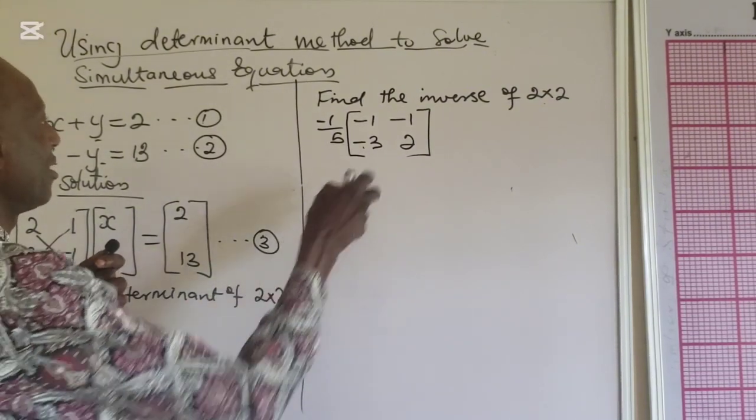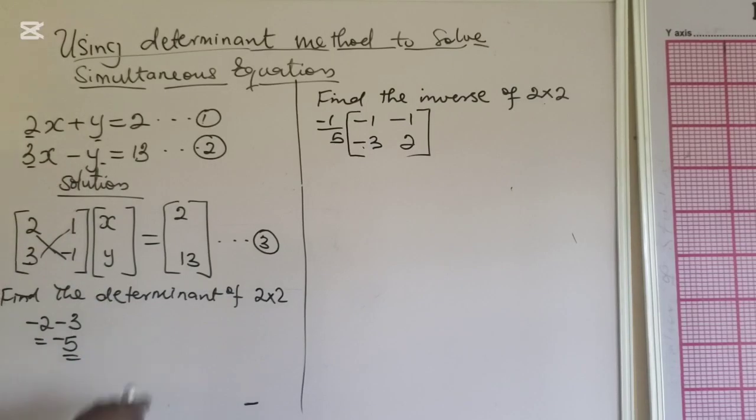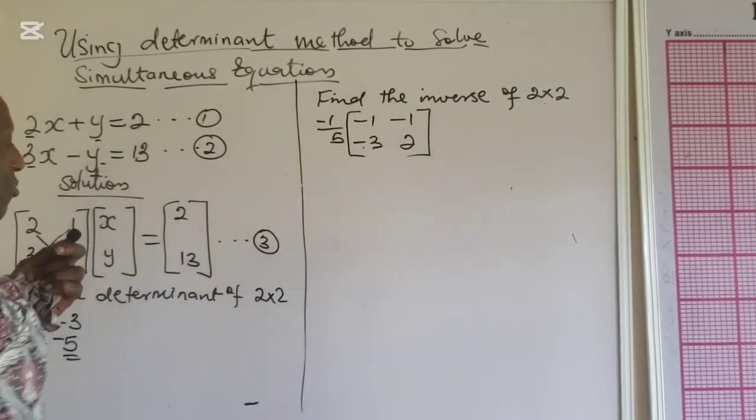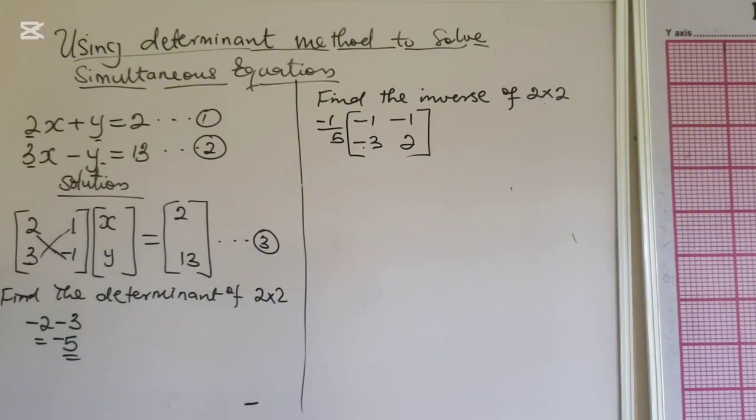So I will now use this inverse matrix to multiply equation 3.